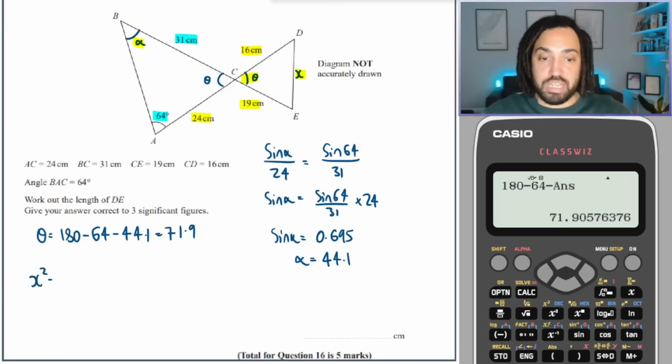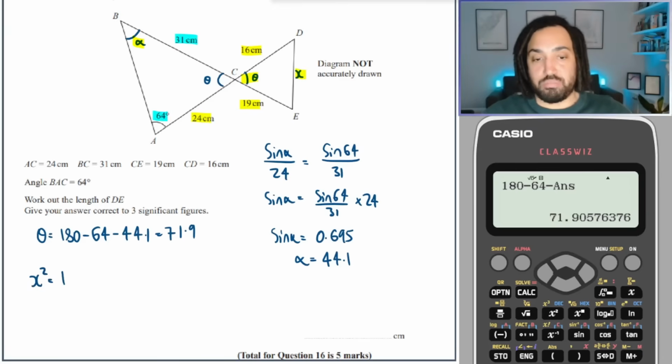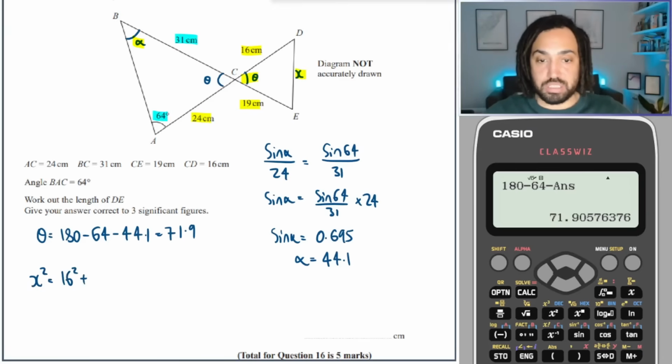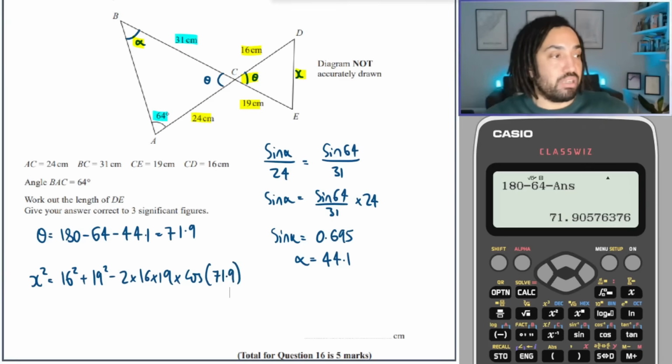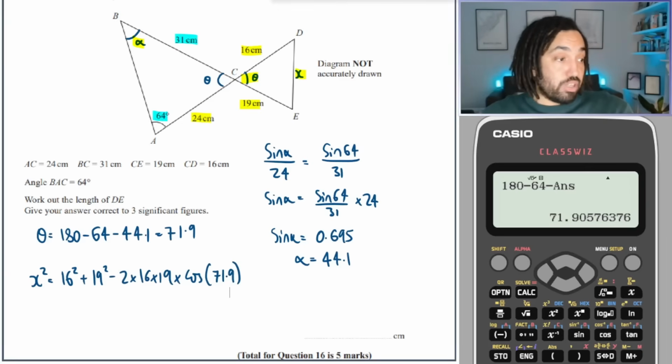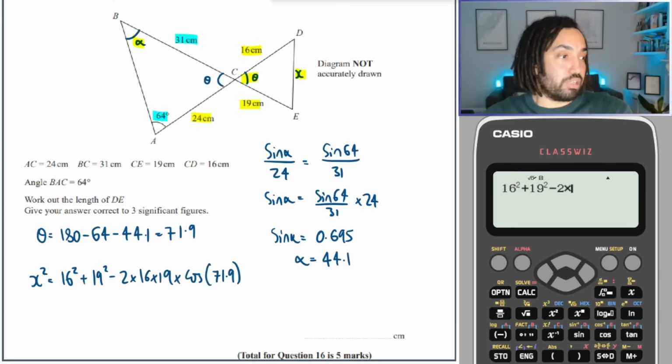So x squared is equal to a squared plus b squared minus 2 lots of a times by b times by cosine of the angle, which we worked out was 71.9. And of course you get given the cosine rule and the sine rule, so we don't need to worry too much about remembering them, even though I would recommend committing them to memory.